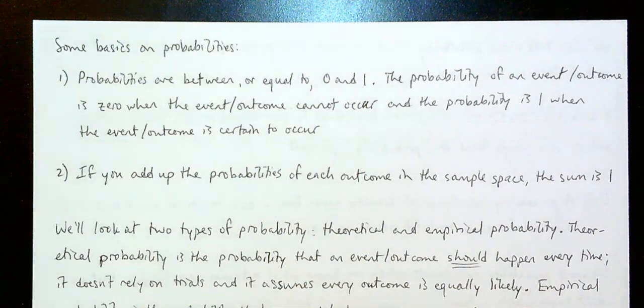And if you take the probability of each possible outcome in the sample space happening and add up all those probabilities, the sum has to be 1.